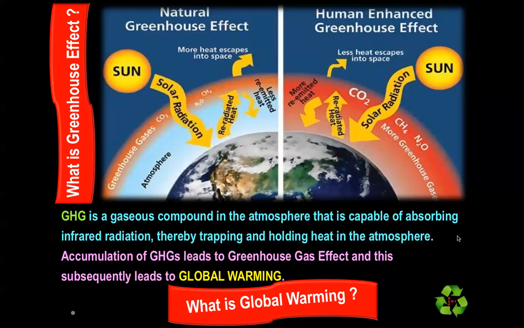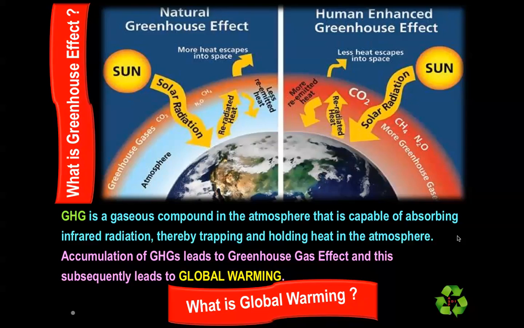They don't allow the ultraviolet rays to adversely affect the habitat on the planet Earth, and these greenhouse gases also have a tendency to trap the heat radiated back by the Earth's surface. And thus there is a formation of a blanket of greenhouse gases which starts trapping the radiation from the Earth's surface.